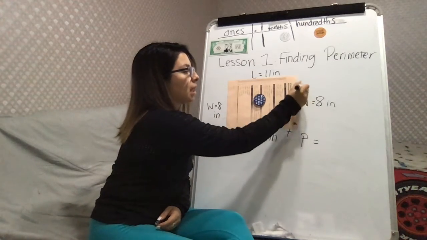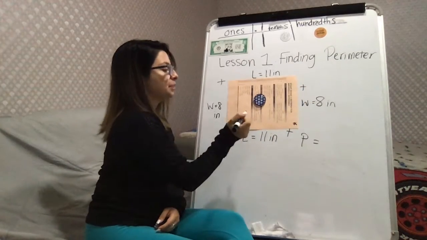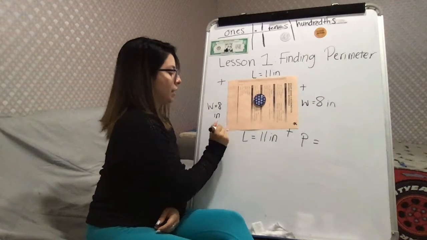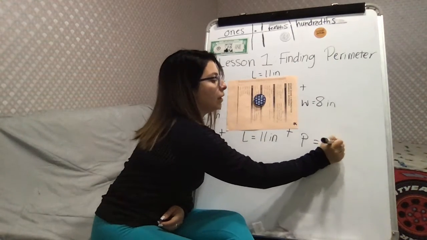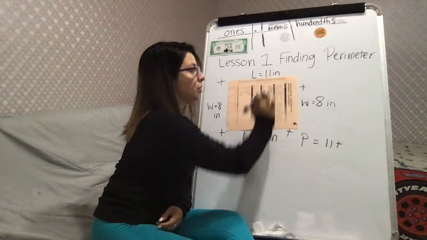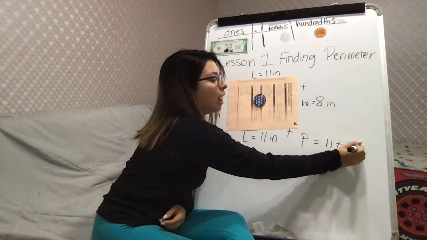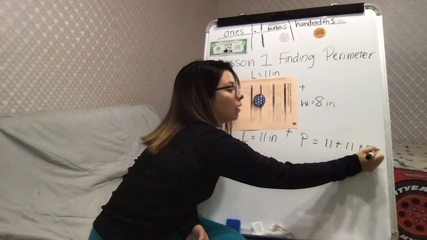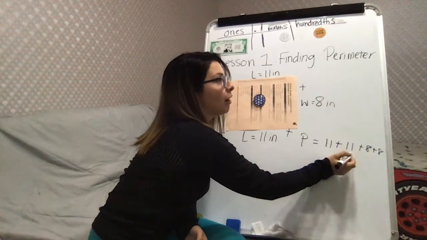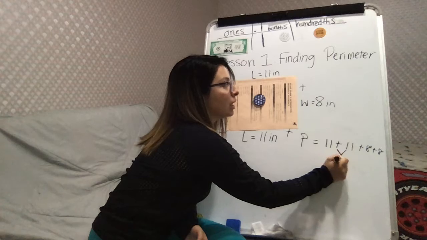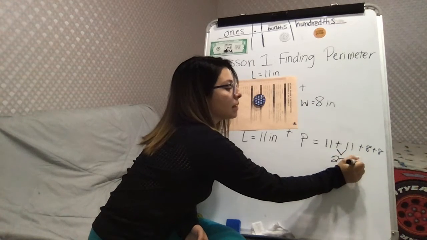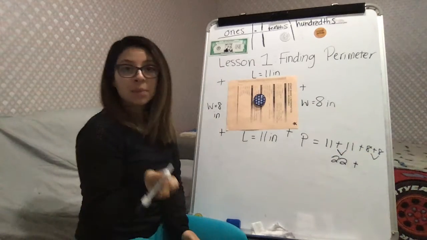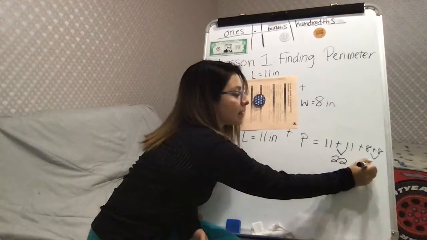So maybe sometimes you want to put like a little addition sign to make sure you add everything. So I'm going to put 11 plus, maybe you want to do your lengths first. And then maybe you want to put your widths first. That's totally fine. If you add them up, you're going to go ahead and have 22 plus whatever 8 plus 8 is, which is also 8 times 2, which is 16.